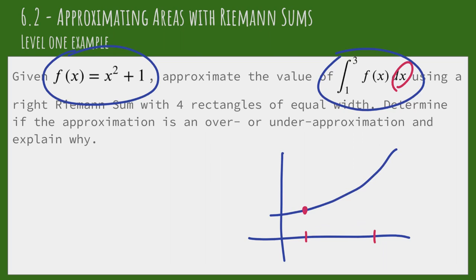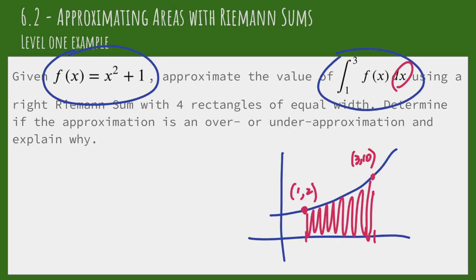So we're going to have on our graph the point 1 comma 2. If you just plug 1 in for x, you get 2 for y. We're also going to have the point 3 comma 10 here, but what we're ultimately trying to find is this area right here. And later on, we're going to figure out a process to find that area exactly. But right now, we're going to look at numerical processes where we can approximate that.